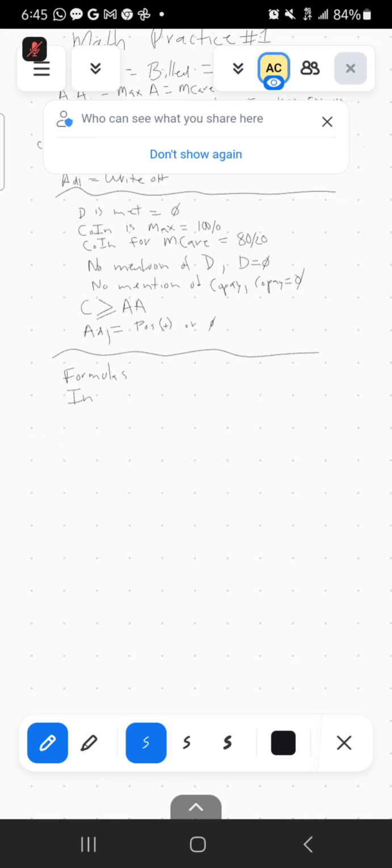Because this is a formula for payment, or for billing, there's 3 things that they can ask you. What is the insurance payment? They can ask you what is the patient's payment? Or they can ask you how much is the adjustment? The first one is the insurance. This is how I do it.